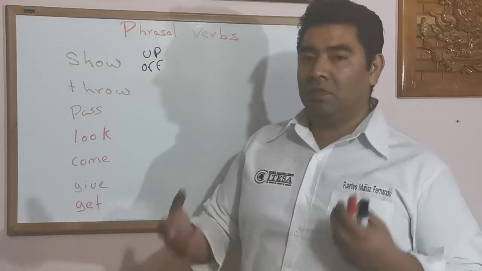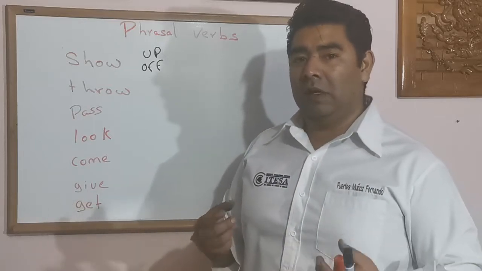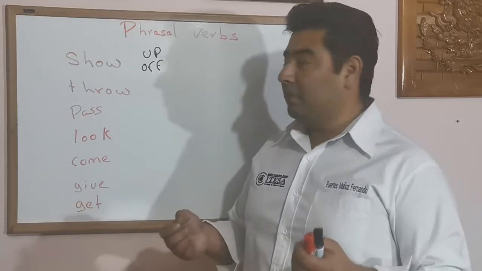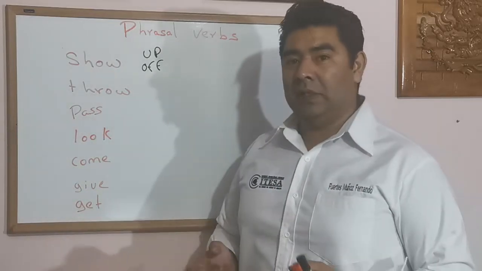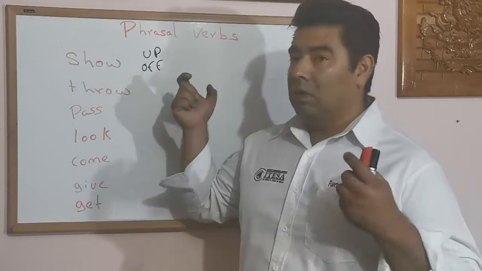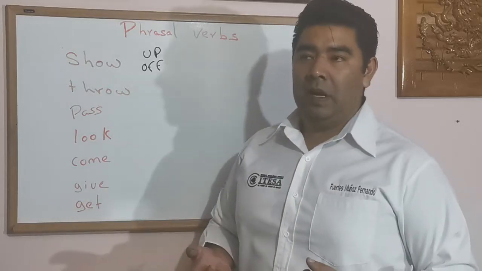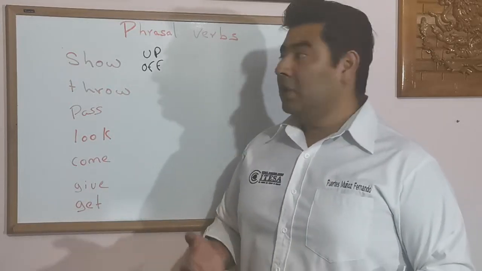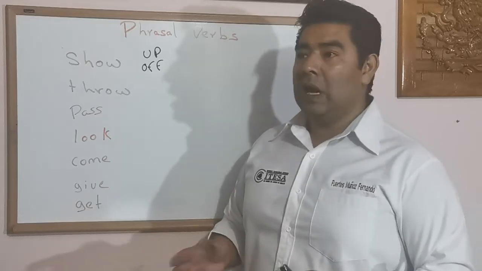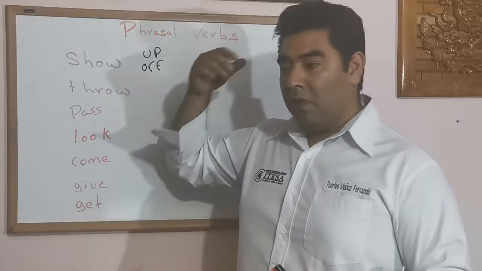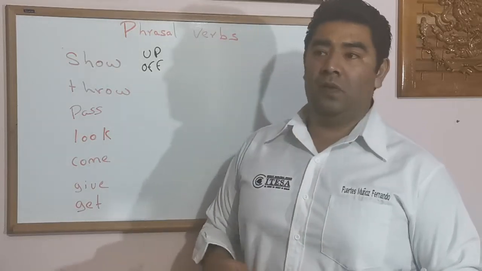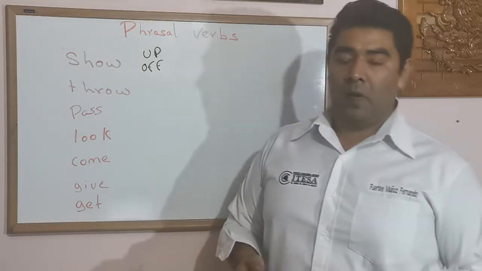So I'm just trying to make it a little bit clearer for you, so you understand what is a phrasal verb, and to understand that you can use it in any tense, in the present, in the past, in the future, for conditionals, for perfect tenses, right?